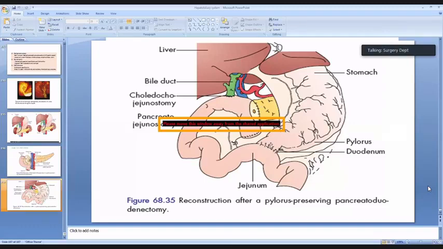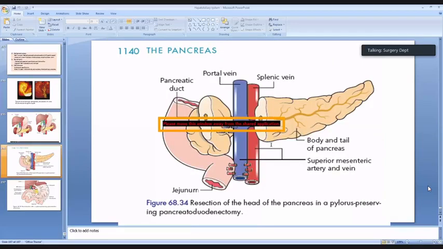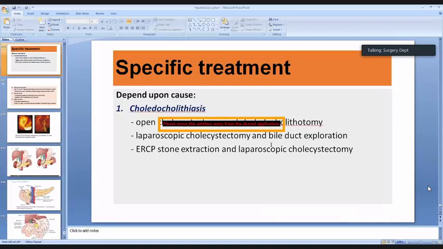This is a very extensive procedure. Mortality is high and can be cured in the early stage. So this is all about obstructive jaundice. Any question from you?